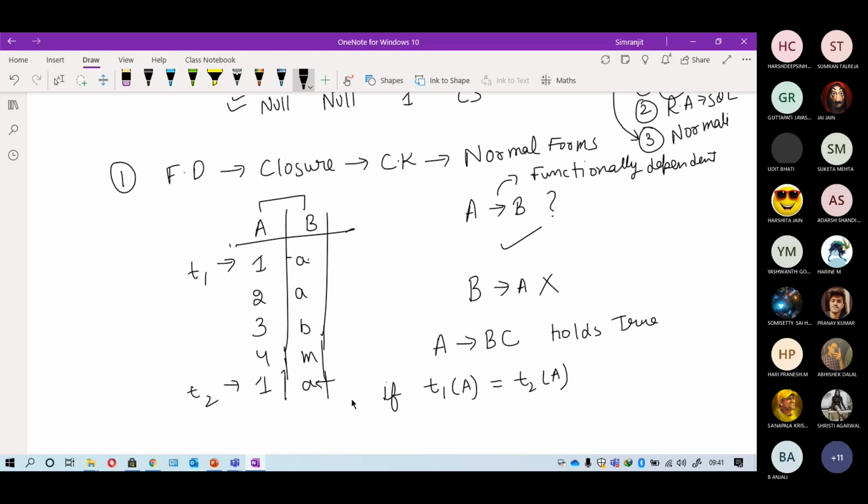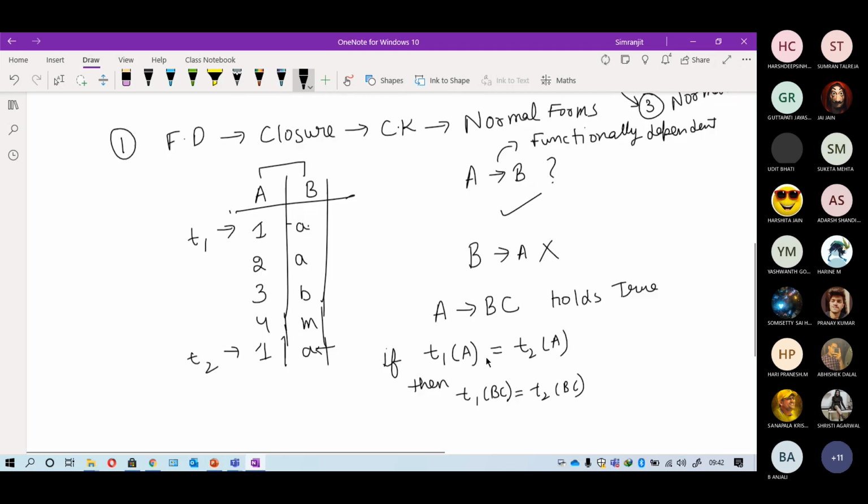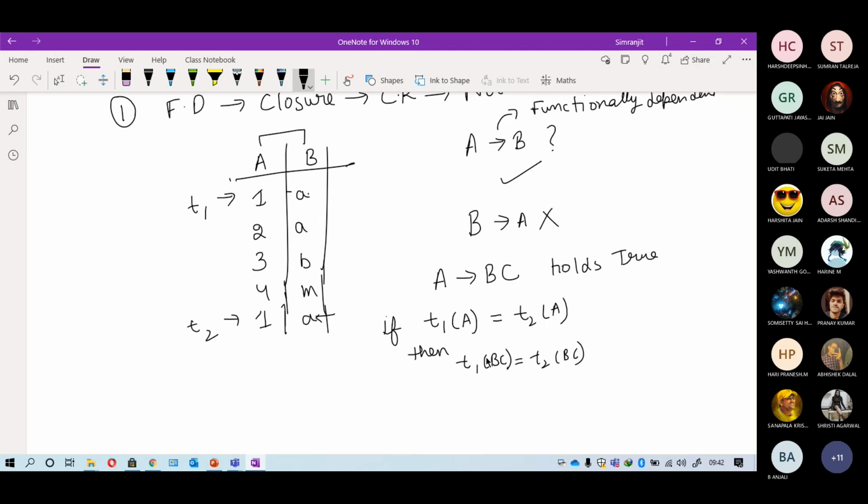It is saying that tuple 1 is repeating. If so, then tuple 1 of BC should be equal to tuple 2 of BC. If this condition holds, you can say that A is functionally dependent upon B, else A is not functionally dependent upon B. This is the simplest definition I can make.